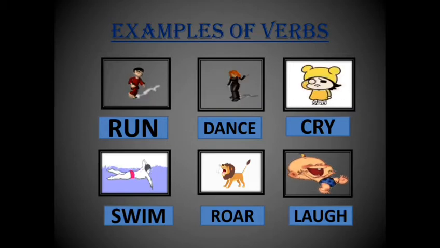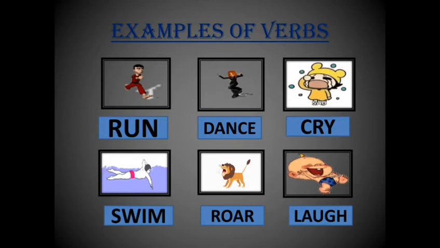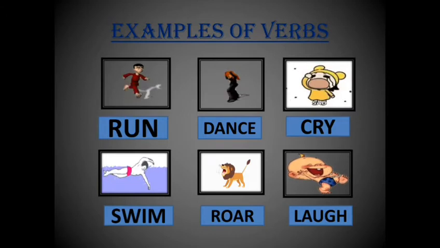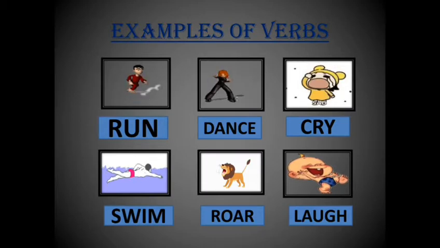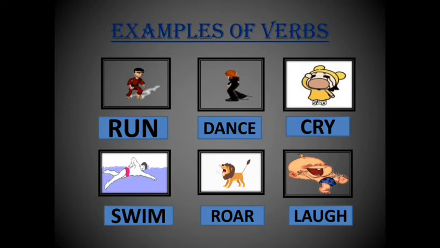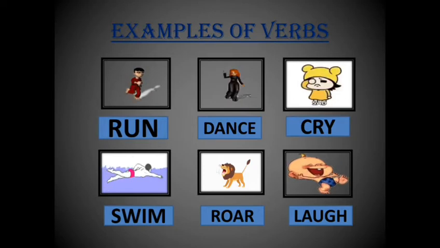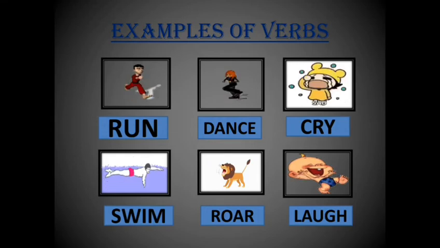These all are doing words or we can say action words. Understood children? Words that tell us what people, animals or things do are doing words or action words. And these doing or action words are called verbs. So children, I hope that you have understood what is a verb.